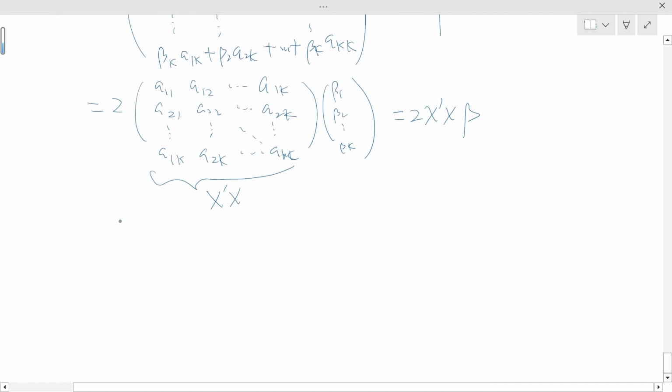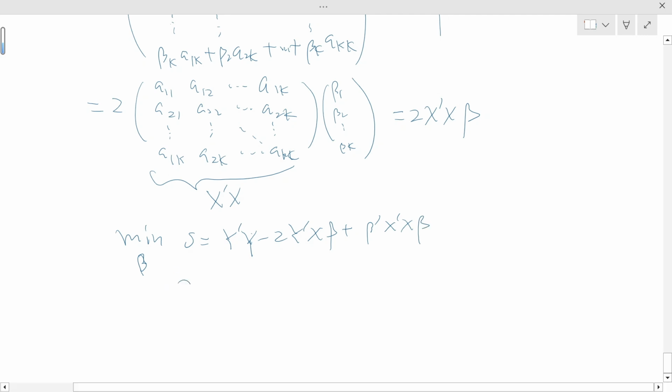So first order condition: we choose beta to minimize the sum of squared residuals, which is y prime y minus 2 y prime X beta plus beta prime X prime X beta.